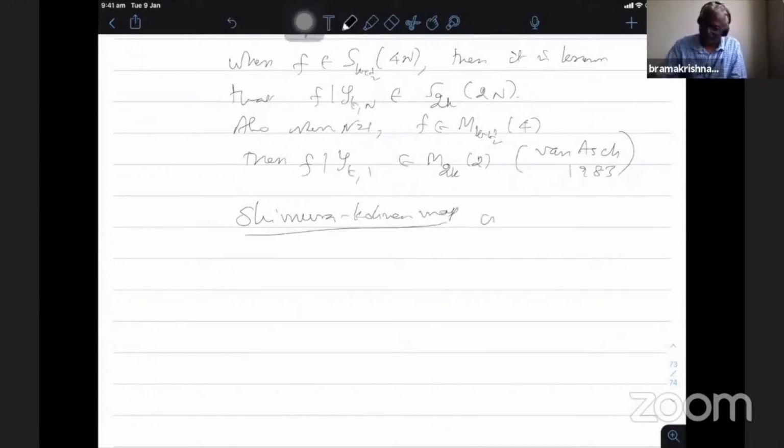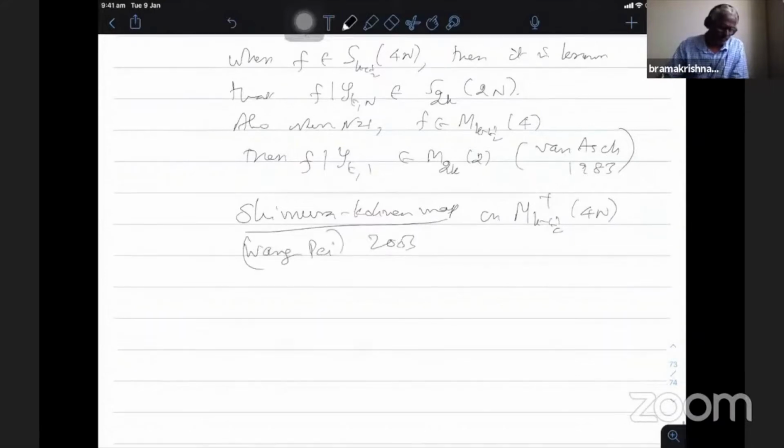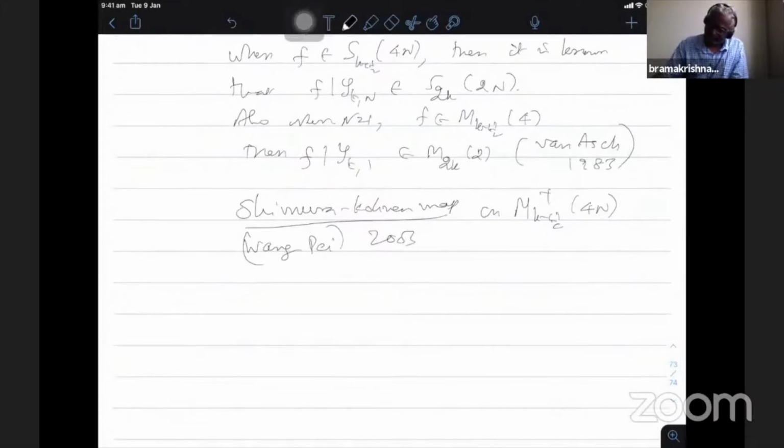So the Shimura-Kohnen map on M_{k+1/2}^+(4n). This was done by Wang and Pei, 2003. So we take the function g.